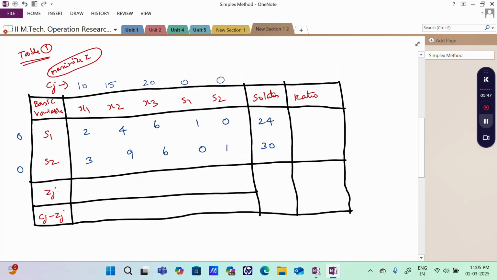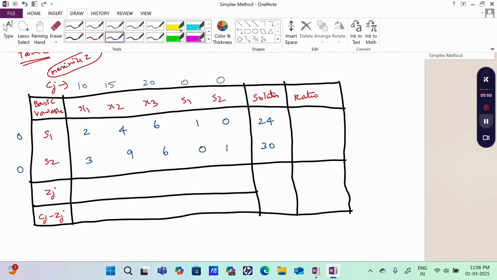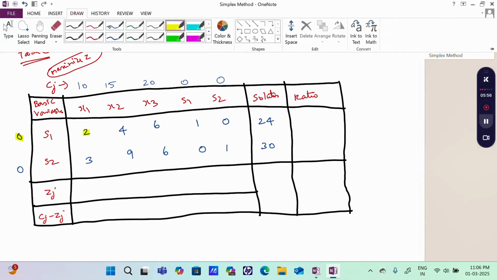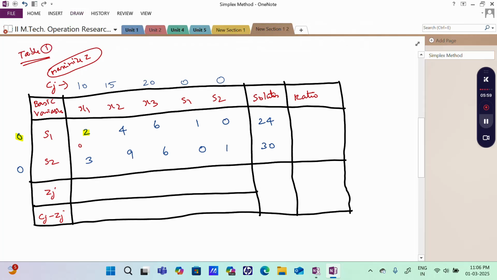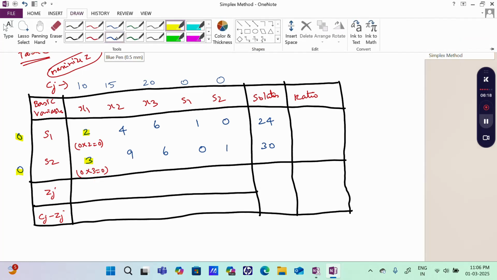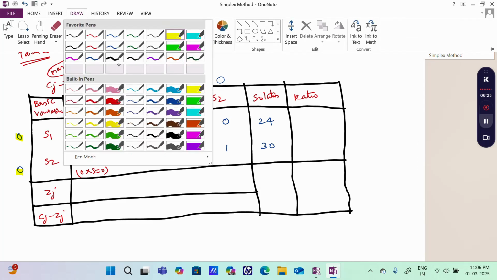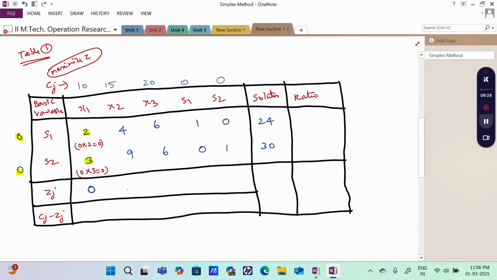Now, how to calculate Zj? We multiply the basic variable coefficients with the column values: 0 into 2 is 0, then 0 into 3 is 0. Adding these two values, 0 plus 0, gives 0. All the values are 0, so Zj is 0, 0, 0, 0, 0.